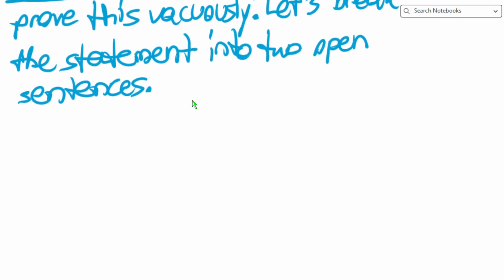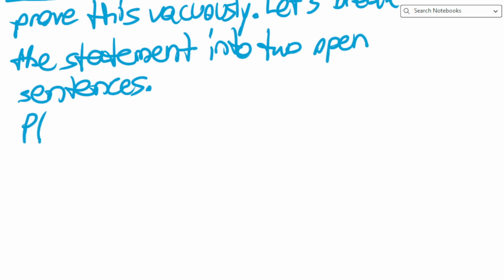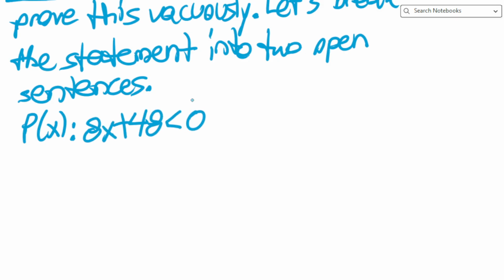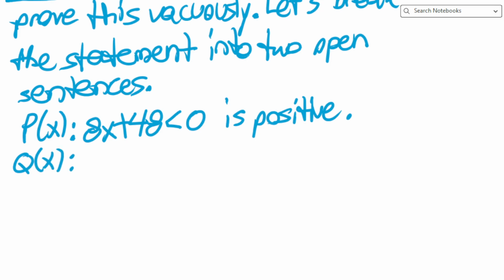So let's start with px: 8x plus 48 is less than 0 is positive, and qx: 0 is less than or equal to x, which is less than or equal to 6.